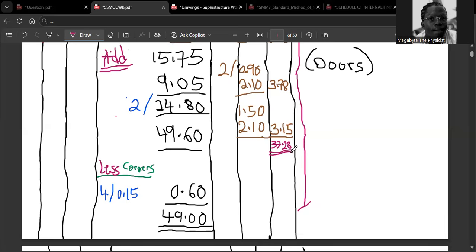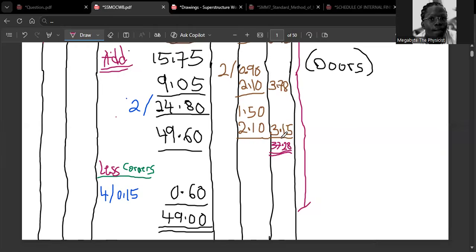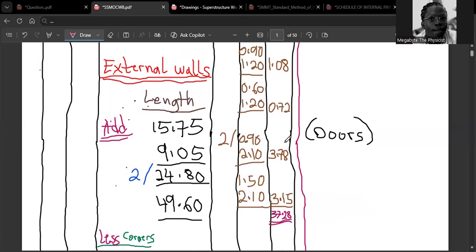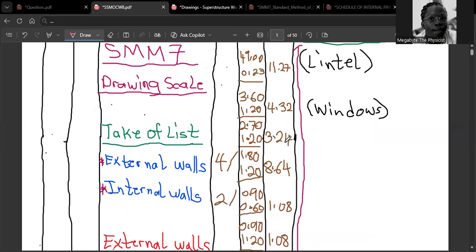So now that we have calculated that, we are done for the external. We can go to the external work and then see how this becomes history.